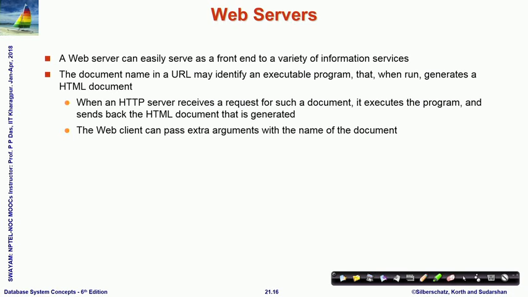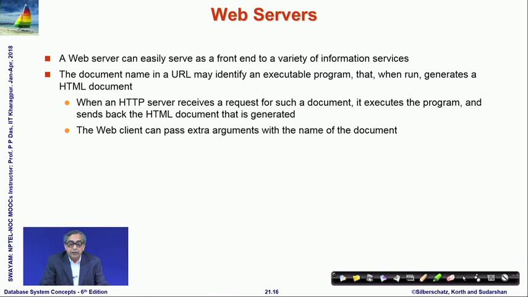A document name in a URL may identify a program that generates HTML. At the URL in the web server, you can either have an HTML, which we say is a static HTML, or you could actually have a program which, when you send the request, generates the page.